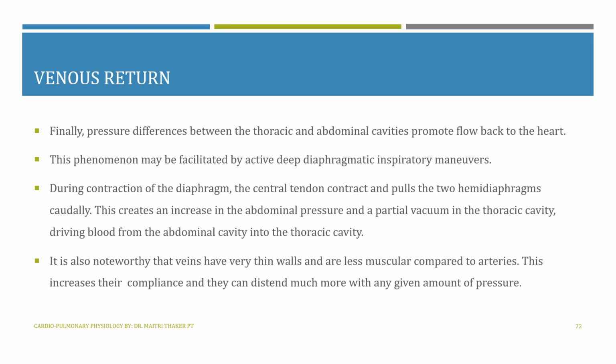It is also noteworthy that veins have very thin walls and they are less muscular compared to the arteries, and this increases their compliance as they can distend much more with any given amount of pressure. Veins have a low amount of muscle in their wall compared to the arteries.